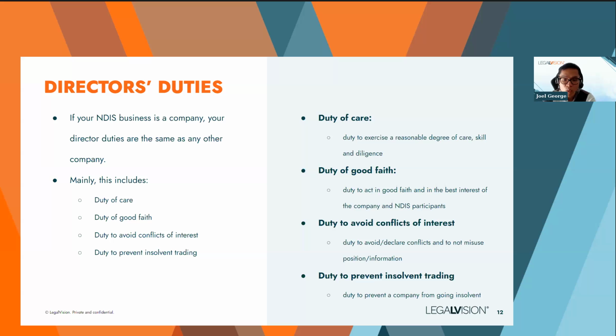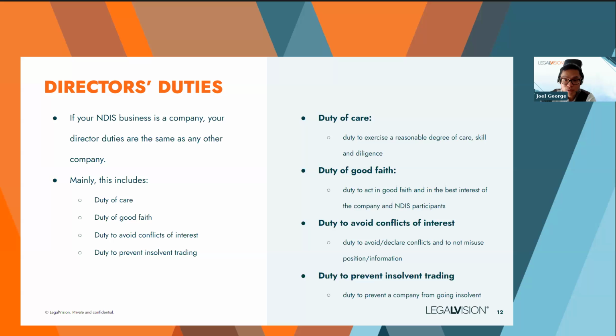This is actually quite prominent in the industry, as Stephanie flagged earlier, because there are quite a number of NDIS providers who do more than one type of NDIS service. One, for example, might be doing plan management, and then you have another company that does support services. So you need to really be careful of this duty, particularly in the NDIS space.